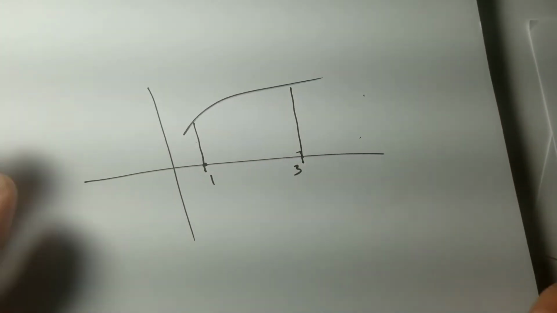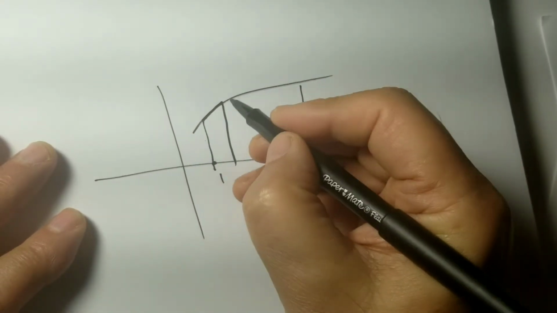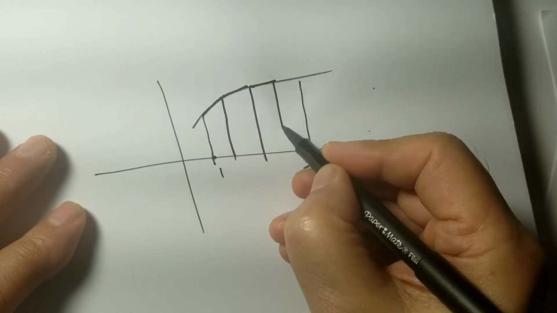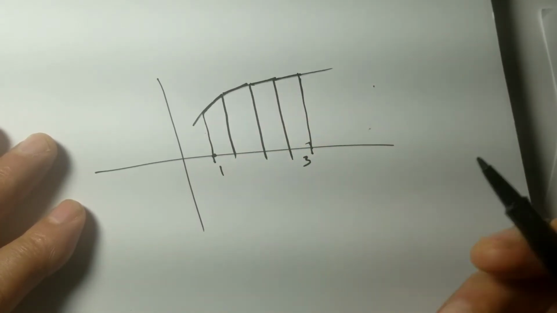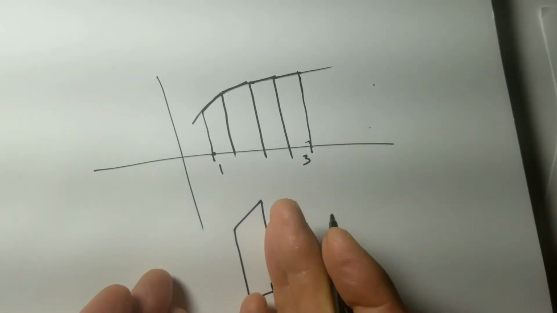Let's not do rectangles. Let's make this one a slant line. Let's make this one a slant line. Let's make this one a slant line, make this one a slant, and what you see is a trapezoid.